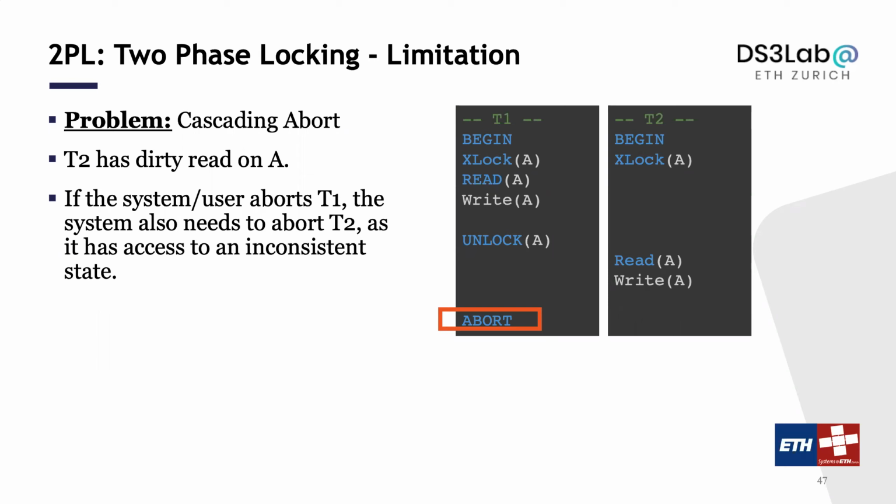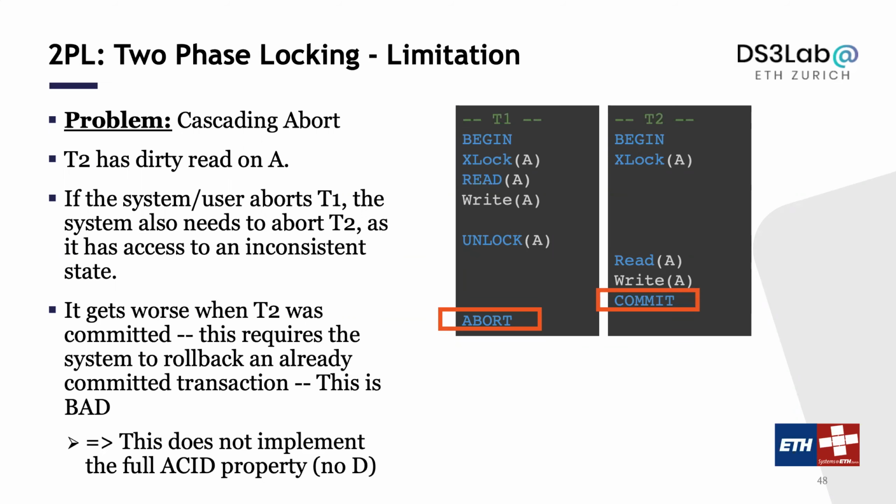If you do two-phase locking, it is entirely possible that aborting one transaction triggers the abort of another transaction. And it even gets worse, because think about this: what if T2 committed before T1? It is entirely possible. If you do two-phase locking, this schedule is possible. You have the growing phase, you have the shrinking phase, everything is fine.